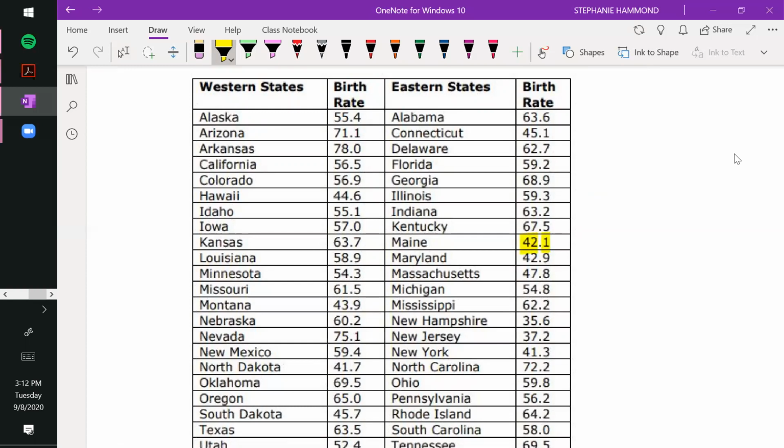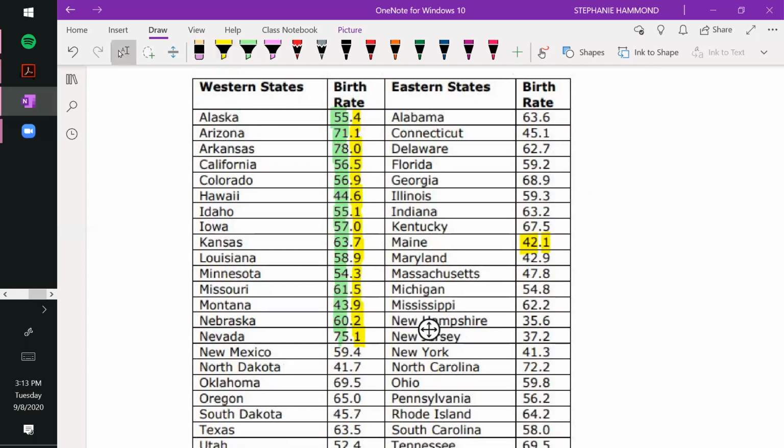We have 3 digits there. So all of my stem has to include all the digits except for the last one. And the last digit on this data set is actually the tenths place. So our leaves are going to consist of those tenths values rather than the ones place values.